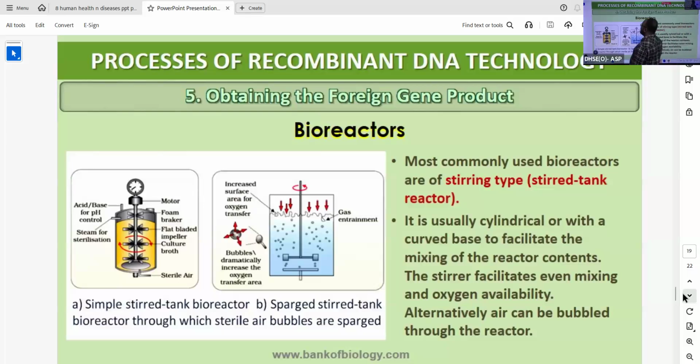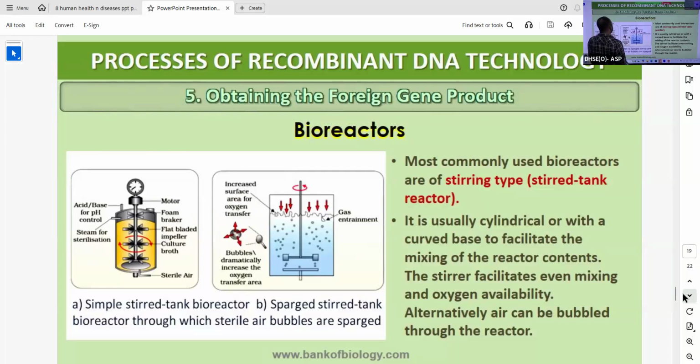Now, as you can see in these given pictures, we see two different kinds or forms of bioreactors. The first one is the simple stirred tank bioreactor.